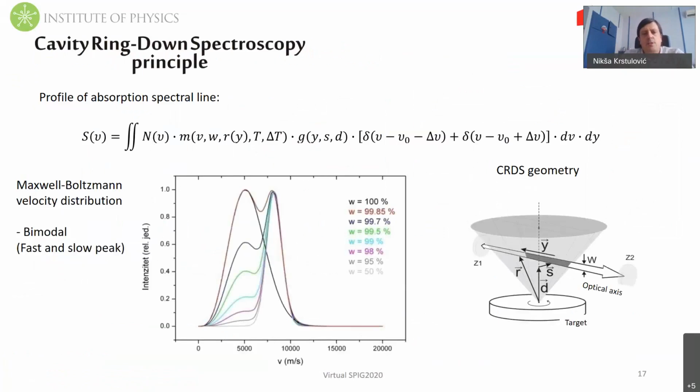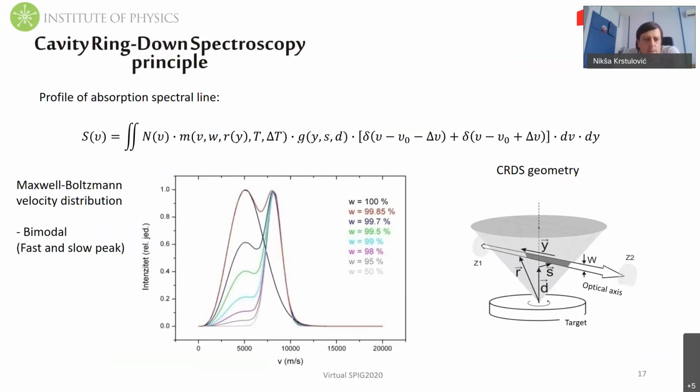Then there is a term related to the geometry of our system. Then the term which describes the shape of the plasma plume, which cannot always be represented by common trigonometric functions. And then a term which depends on the broadening of lines.